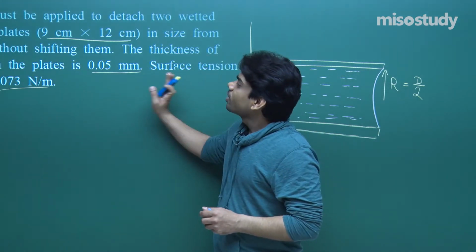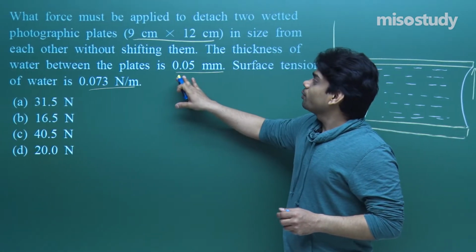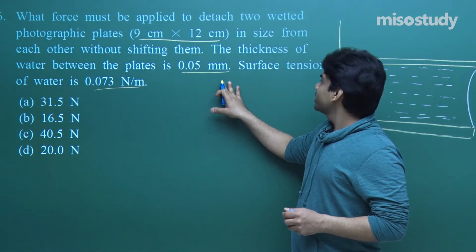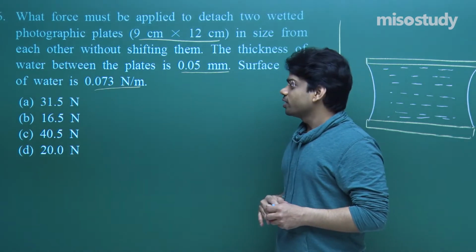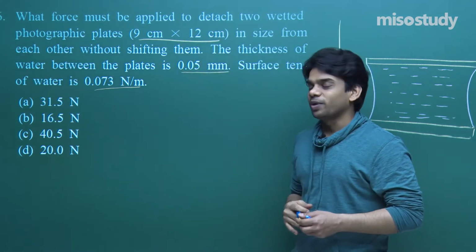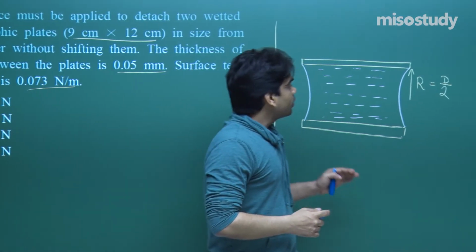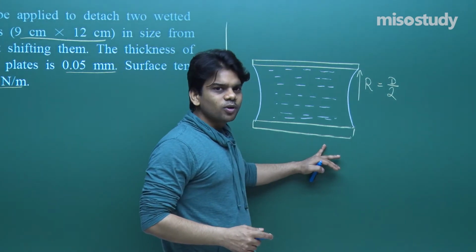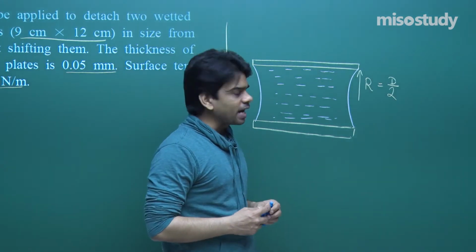Now next thing, we have to find out the thickness of water between plates is 0.05 mm, this is what is given. The surface tension of water is 0.073 Newton per meter. And what force must be applied to detach the photographic plates? Force required. First of all, the force required will be equal to the force by which it is actually attracted.